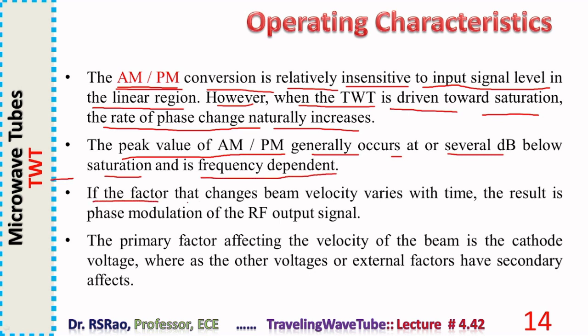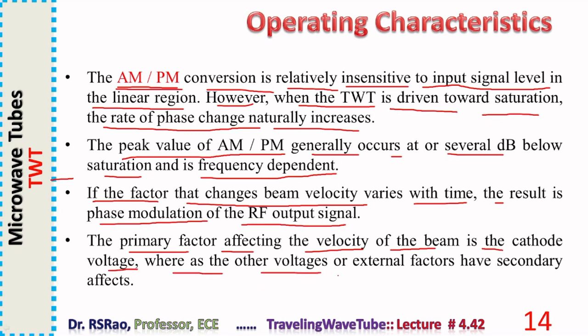If the factor that changes beam velocity varies with time, the result is phase modulation of the RF output signal. The primary factor affecting the velocity of the beam is cathode voltage, whereas other voltages or external factors have secondary effects. These are some of the important aspects pertaining to the operation of traveling wave tubes.